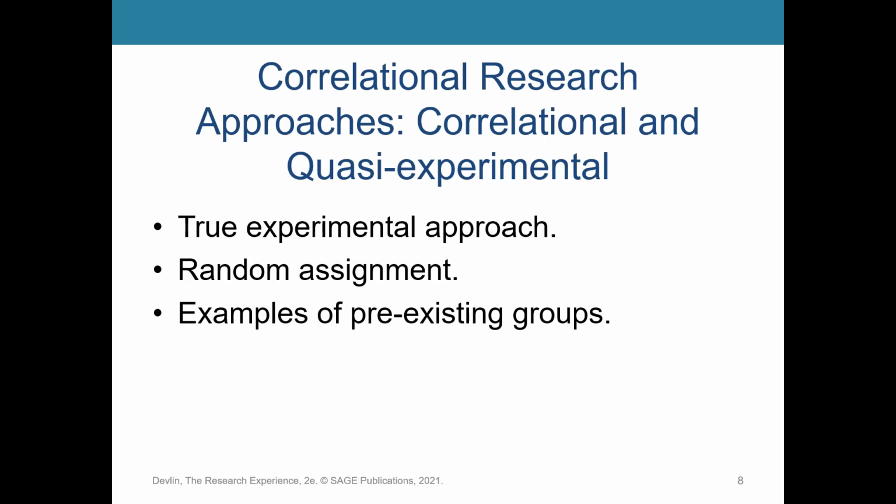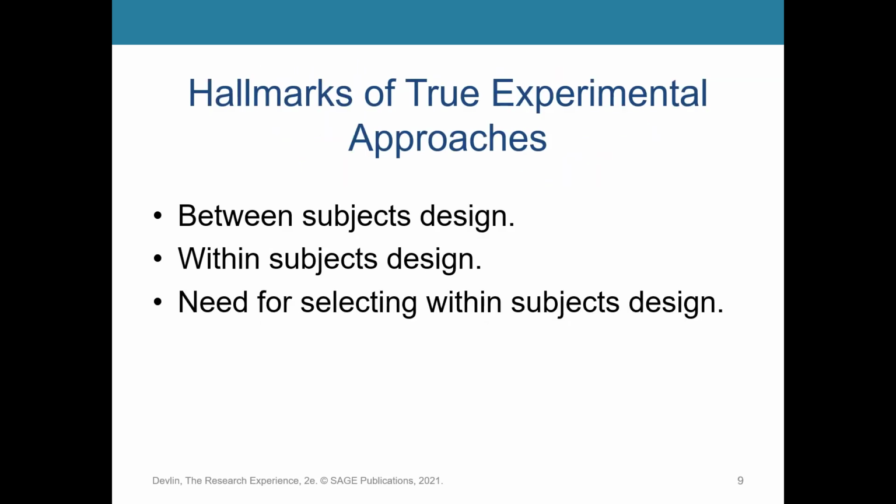So here we have pre-existing groups, and often instead, since we lack true random assignment, we might end up doing a quasi-experimental approach.